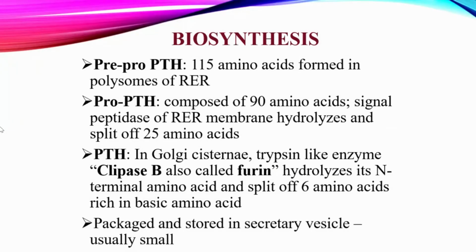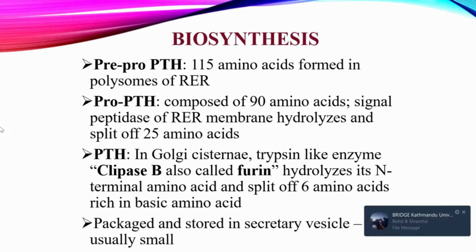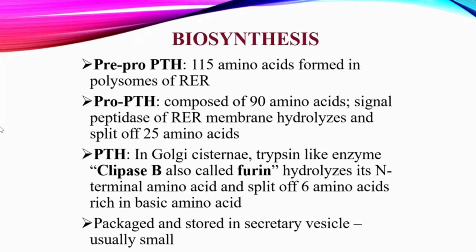Thyroid hormone can be stored for a long period in the thyroid gland itself in the form of secretory vesicles, but parathyroid hormone cannot be stored for a long period or in a large amount. It is stored only in small amounts and for a short period.